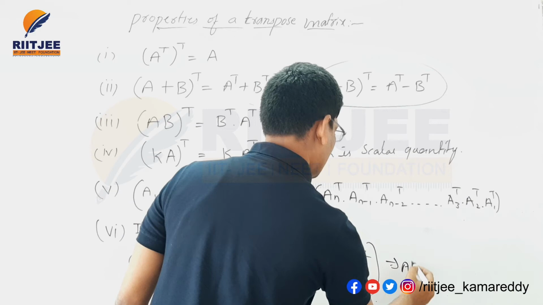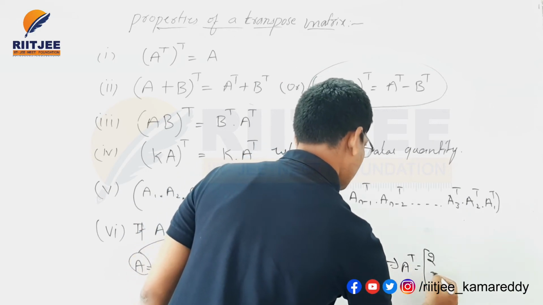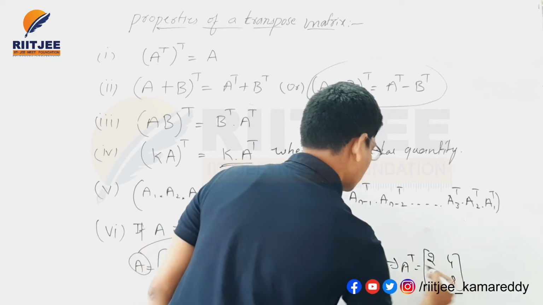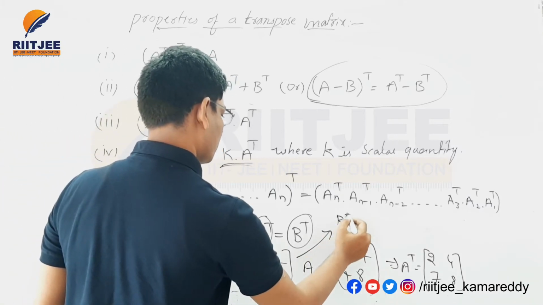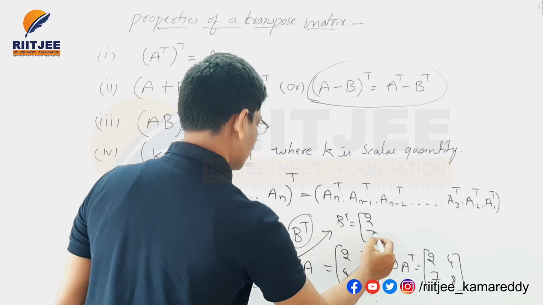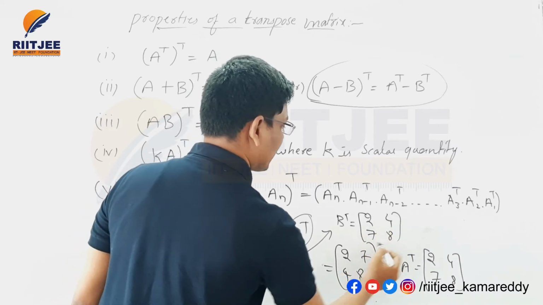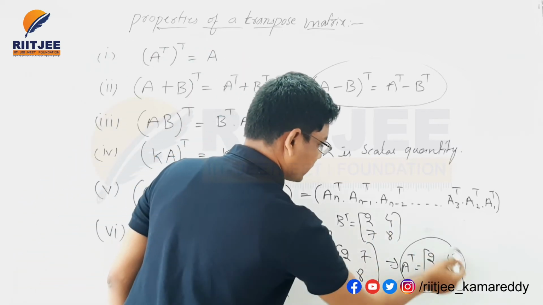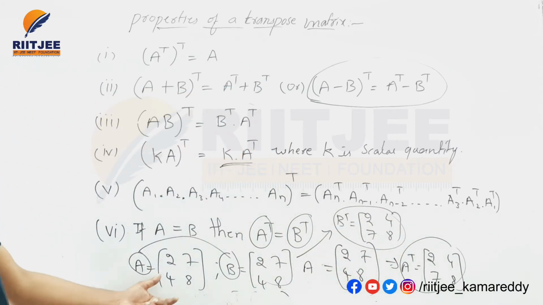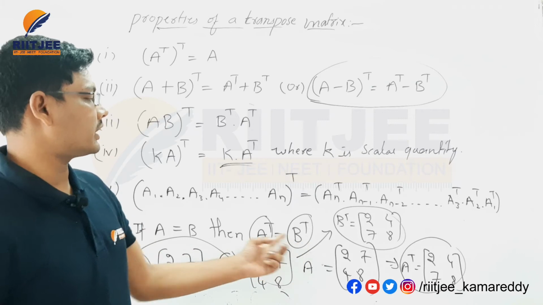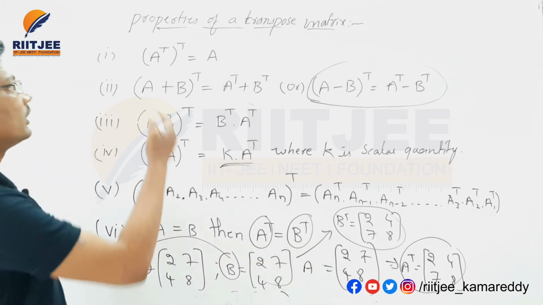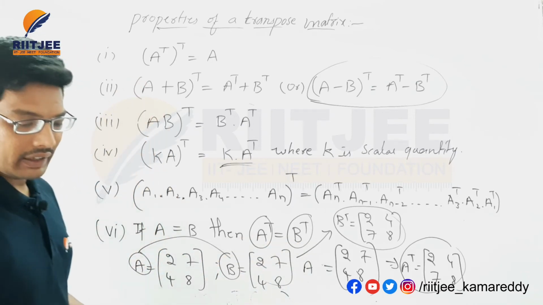This implies A transpose is equal to 2, 4, 7, 8. Next, B transpose is 2, 4, 7, 8 again. If you compare these two matrices, both are equal. When A and B both matrices are equal, then their transposes are also equal. This is all about properties of the transpose of a matrix.